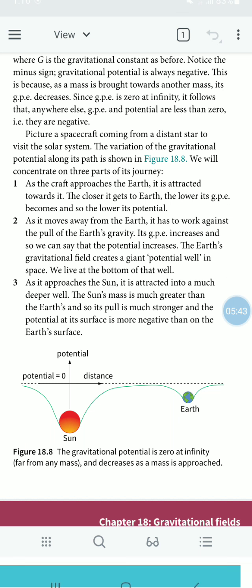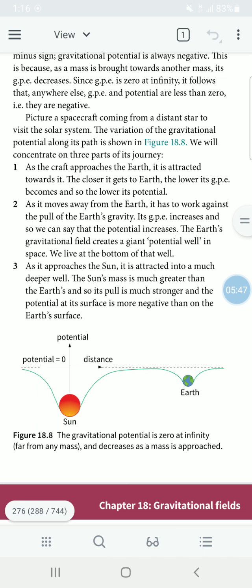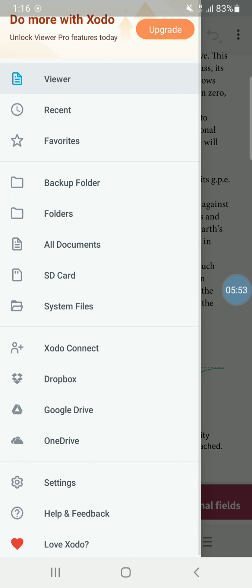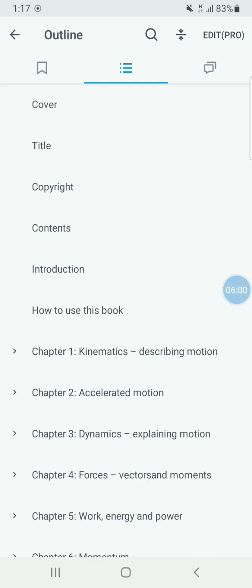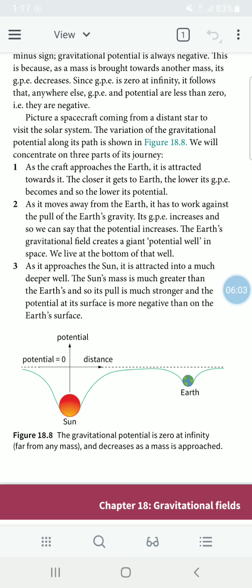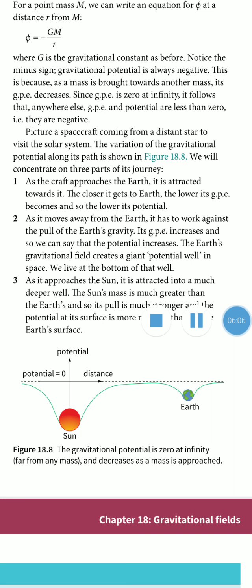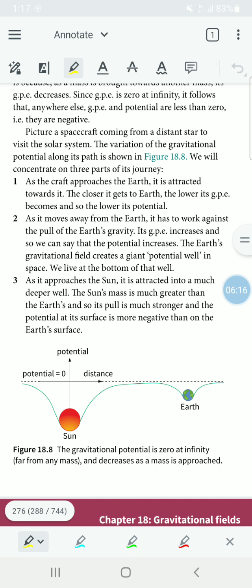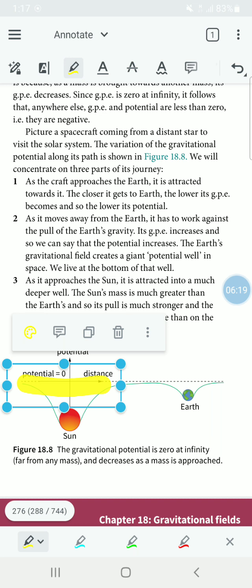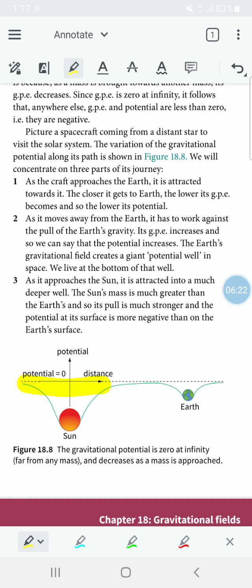So what you need to understand here is that this is the zero line, where the potential is 0.